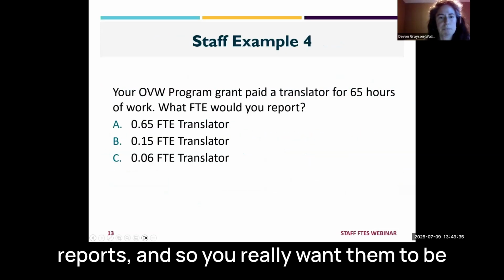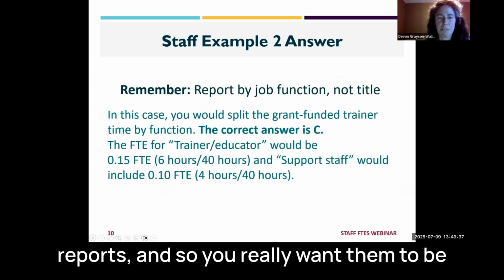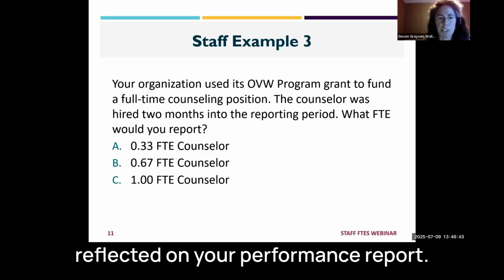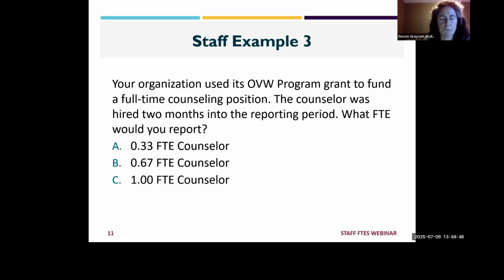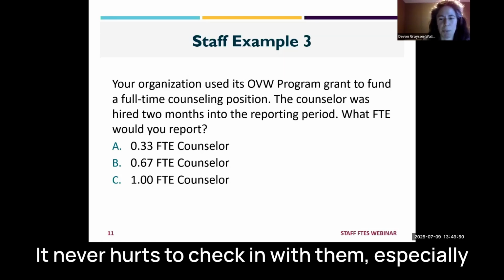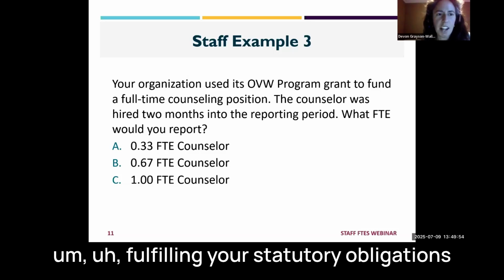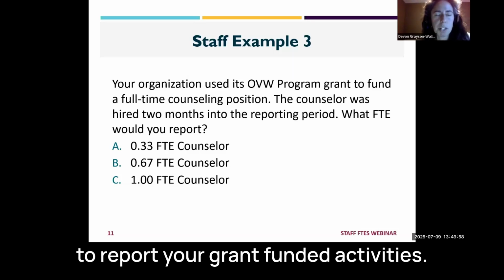You really want them to be able to understand it and approve the way what was done with grant funds is reflected on your performance report. It never hurts to check in with them, especially when it comes to fulfilling your statutory obligations to report your grant funded activities.